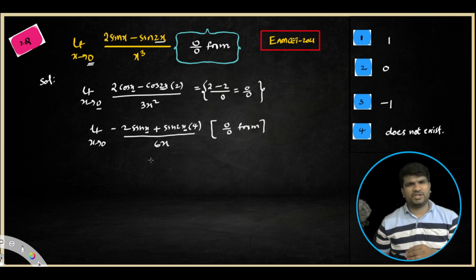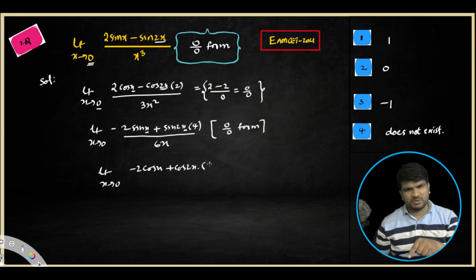Now again differentiate with respect to x. Now limit x tends to 0 minus 2, differentiation of sin x is cos x, cos 2x into 2. If you multiply with one more 2, it will become 8. Now differentiation of 6x is 6. Okay.